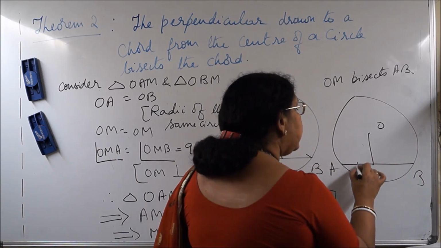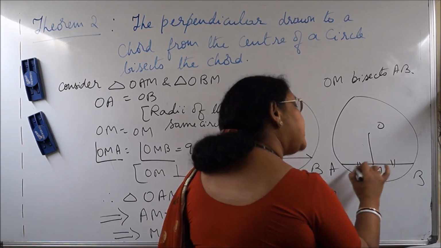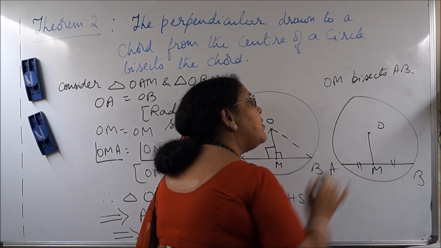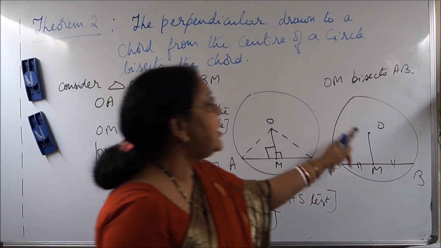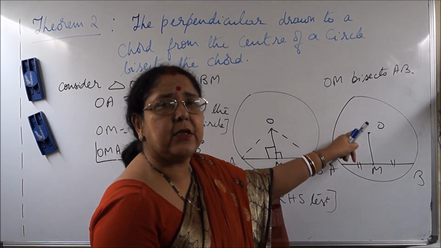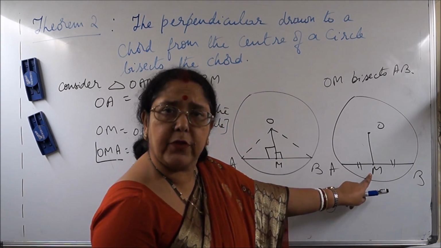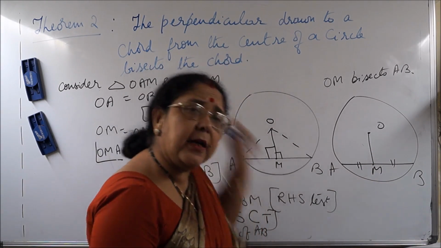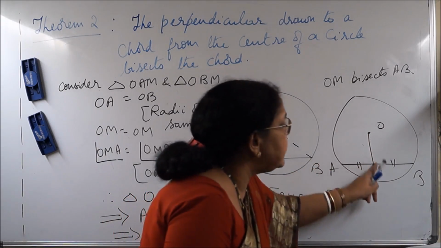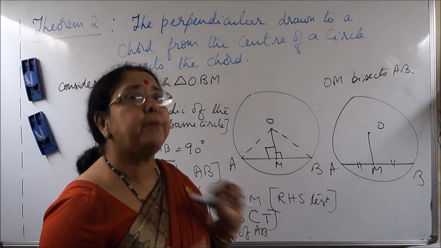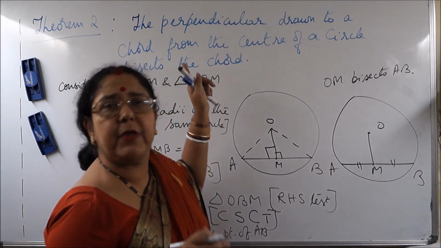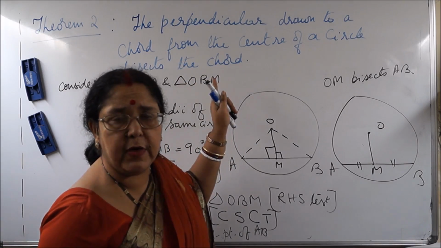So here it is given that M is the midpoint and O is the center of the circle, and OM is the line joining the center of the circle and the midpoint of the chord. Then we can conclude that OM is perpendicular to AB. You need not prove. You can take it from this theorem because it is universally proved.